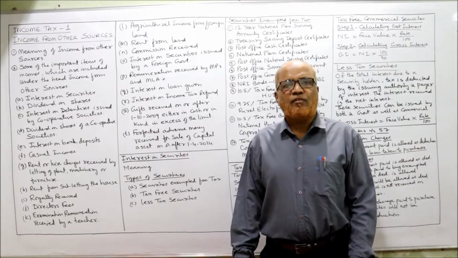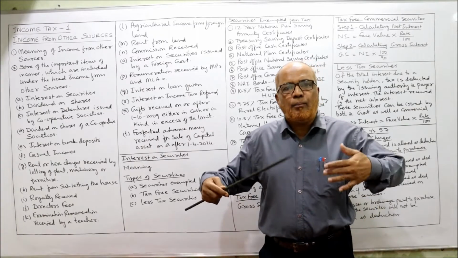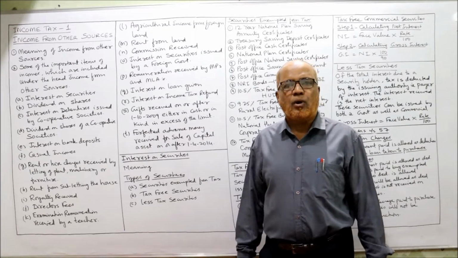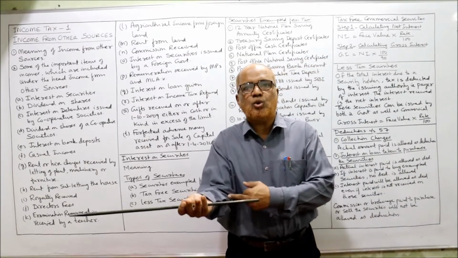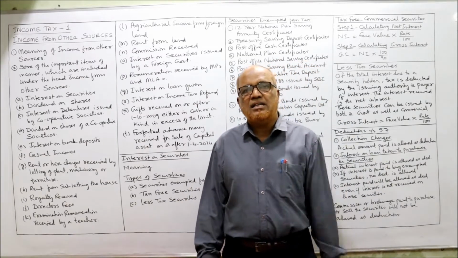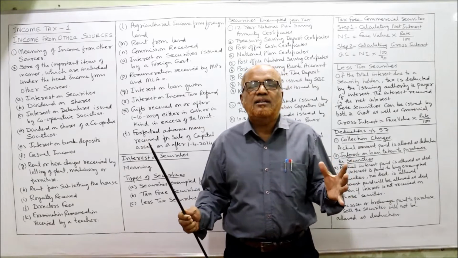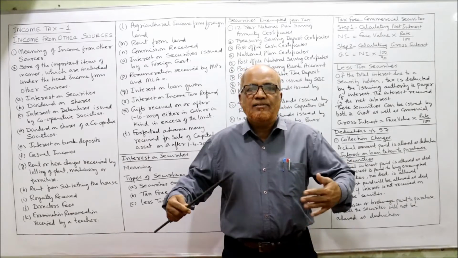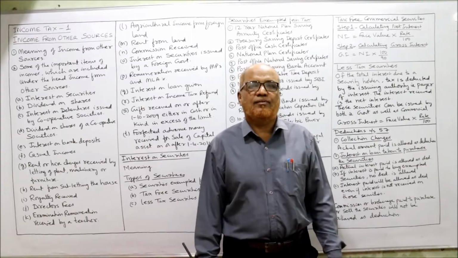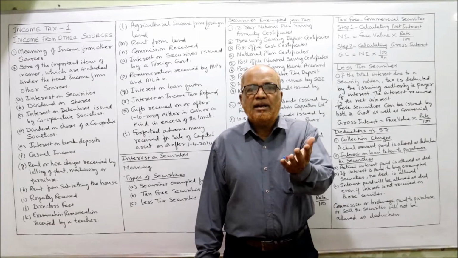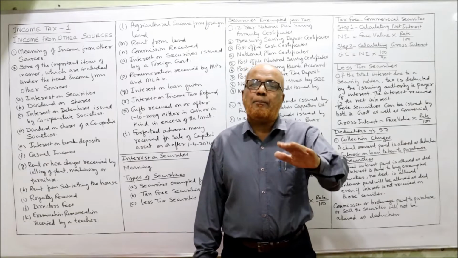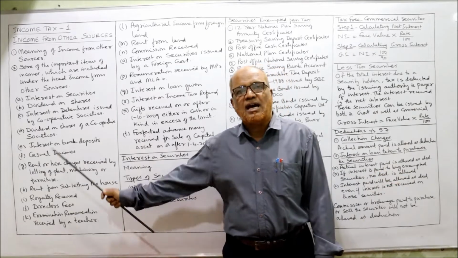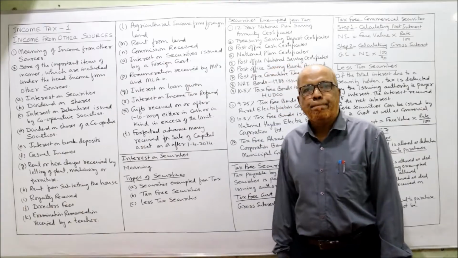A lecturer, a professor or a teacher will give a number of services to the employer apart from teaching. Apart from teaching, he will make the question papers, he will evaluate the answer sheets, he will invigilate the examination hall. Like this, different services a teacher may give. In that case, he will get extra remuneration. The extra remuneration which a teacher gets apart from salary is taxable under the head income from other sources.